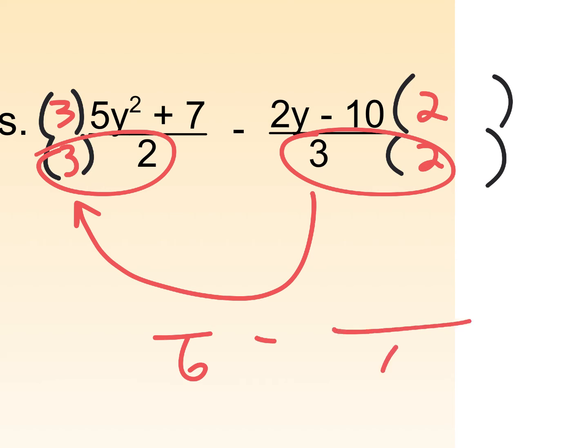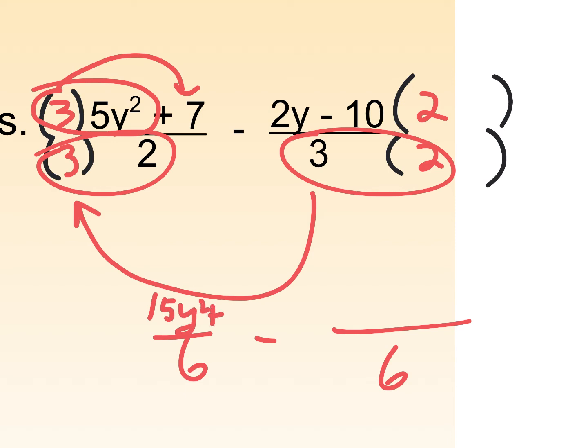So they're both out of 6. And it's a subtract. And then that's a 15y squared. Would you have remembered to distribute it and made 15y squared plus 21? And would you have remembered to distribute this to both of them?